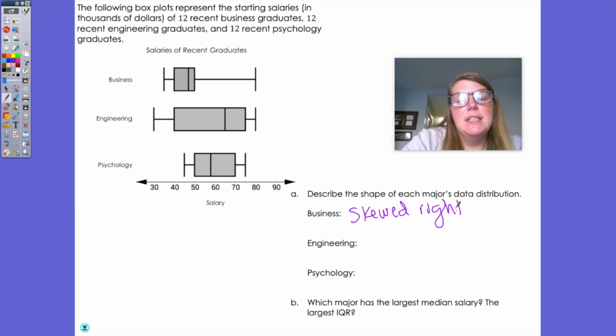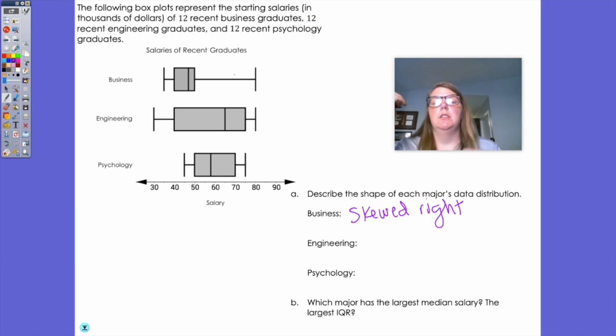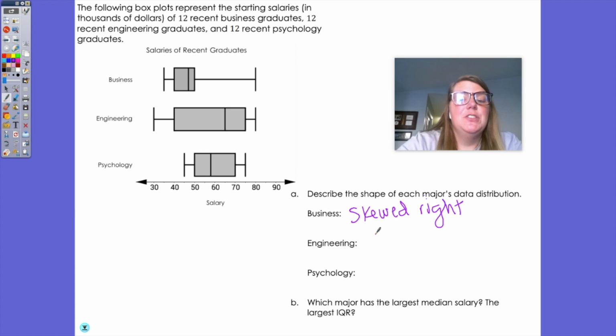And what that means for the data is there's probably someone in the business graduates that makes a lot more than all the rest of the people. So that's why it's skewing that box over. Engineering graduates. Now, if you look at the engineering graduates, you may want to say normal, but the problem is that median is not in the middle of our box. So I would actually say that it's skewed.